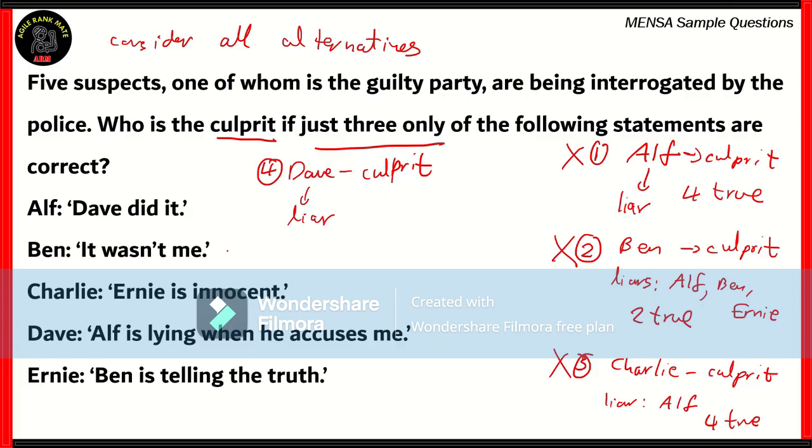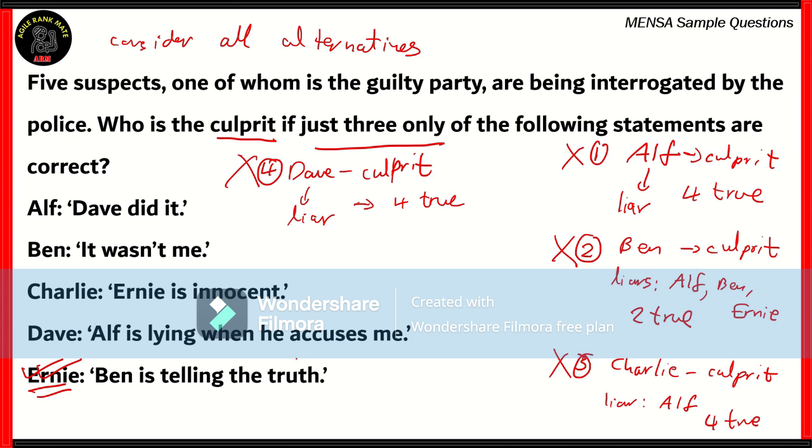However, all other statements turn out to be true, whether it's Alf's, Ben's, Charlie's, or Ernie's. So therefore, over here, we have 4 statements that are true, which again does not satisfy the condition of the question. Now that means the only person who could have been the culprit in this particular scenario is Ernie.